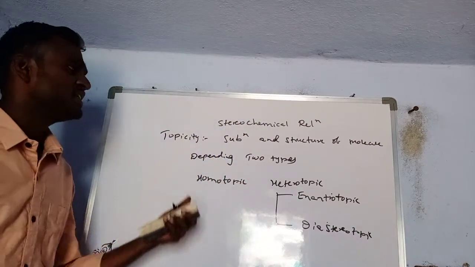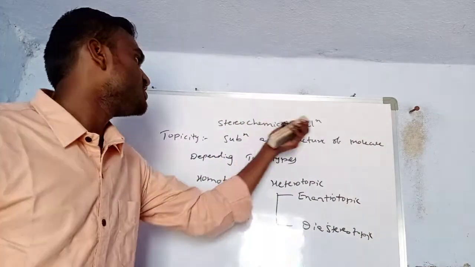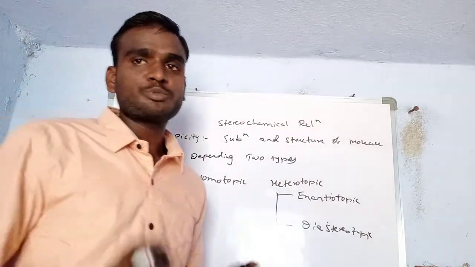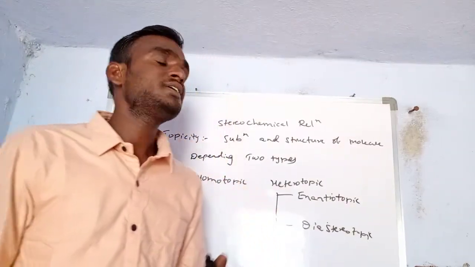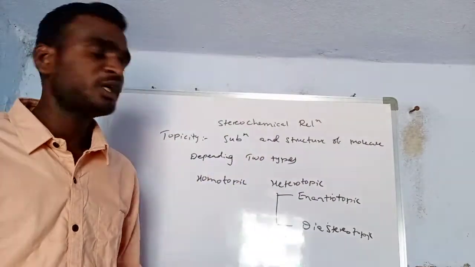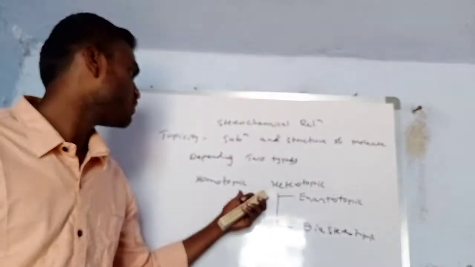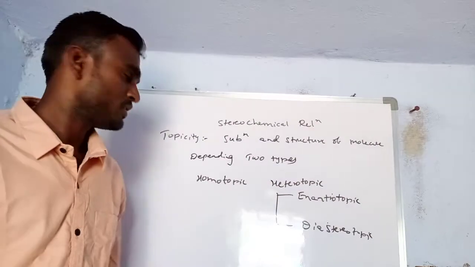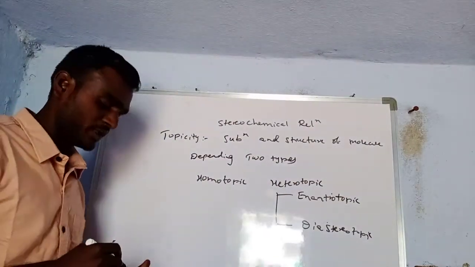What is topicity? Topicity is a stereochemical relationship between the substituent and the structure of the molecule, and depending on the substitutions there can be two types, homotopic and heterotopic. Let's see what is homotopic.